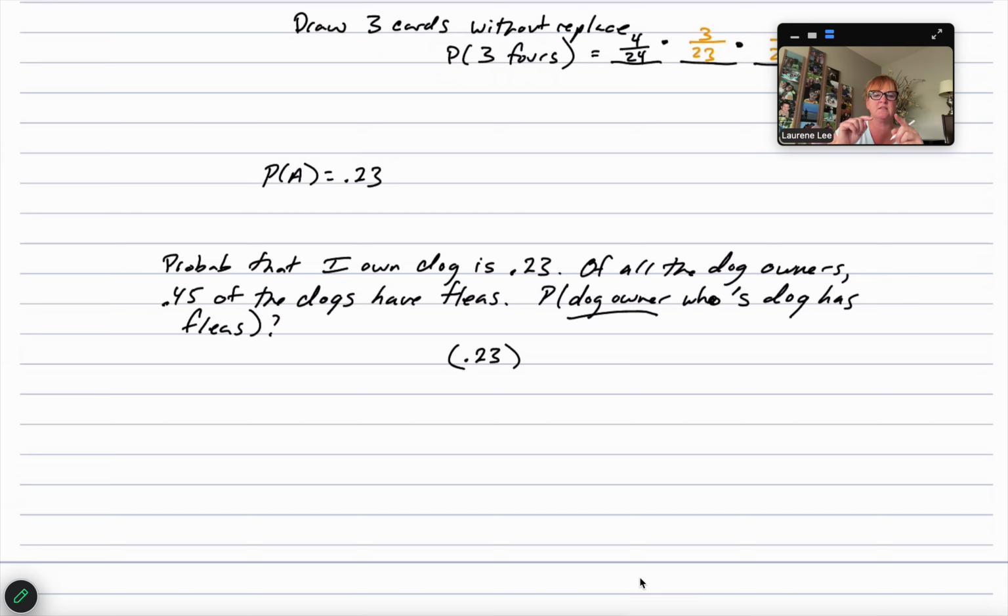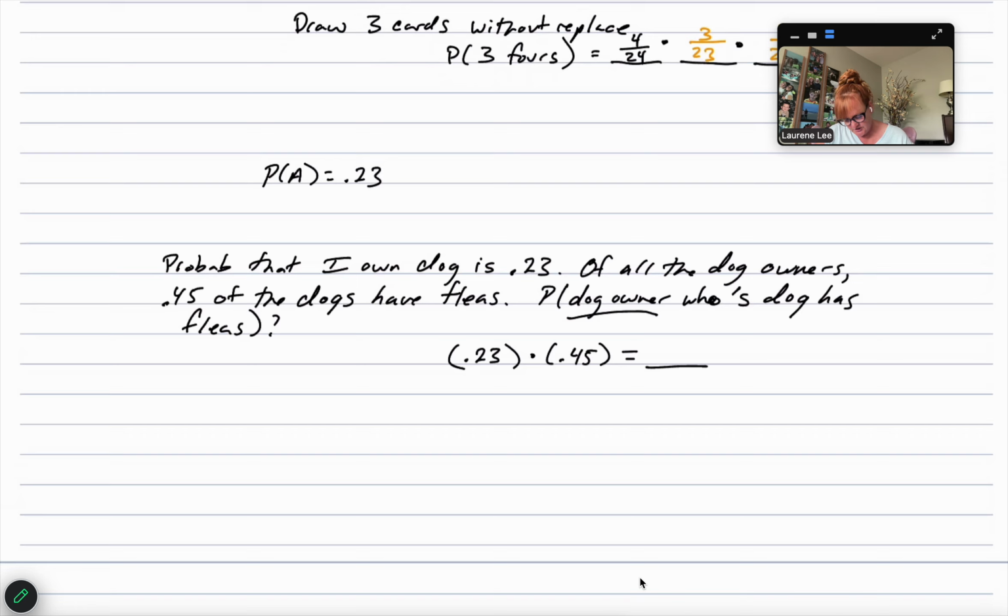So what I've done there in the language is I'm telling you that this is already a given probability. Like I've already limited you to only all the dog owners, and these are the ones of the owners that have fleas. So all I have to do is multiply these together. 0.23 times 0.45. Okay, and that's going to be your probability.